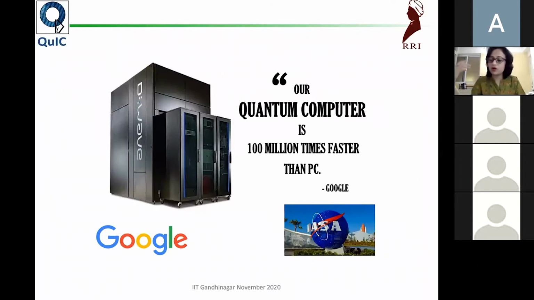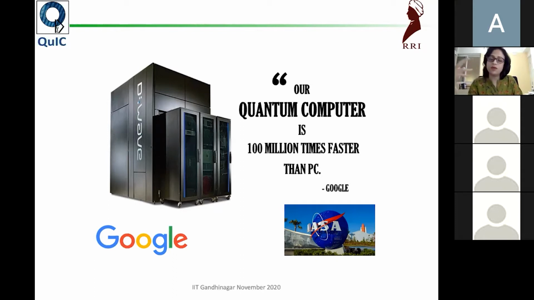Going on to our work in quantum computing, of course, quantum computing is something I'm sure you are all very much aware of, that there is a lot of activity going on currently, both in India and especially worldwide, where there are lots of claims from various companies as well as research groups on quantum supremacy and so on and so forth.